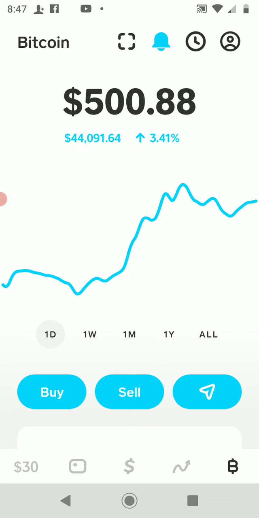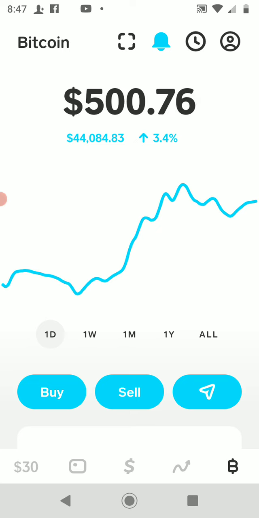You can purchase Bitcoin through Cash App. It works just like any other investing app. They've had this set up for quite some time now, and the particular thing that I want to show you today is how to cash out your Bitcoin, or any amount of the Bitcoin you've invested or made a profit off of.